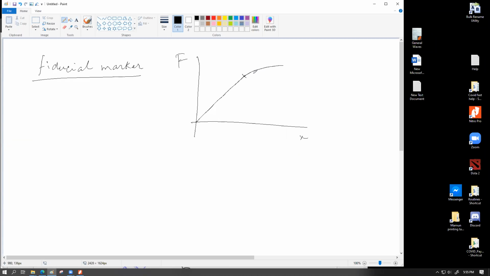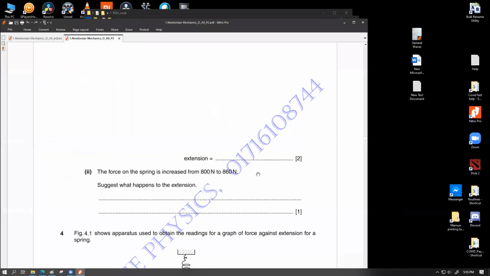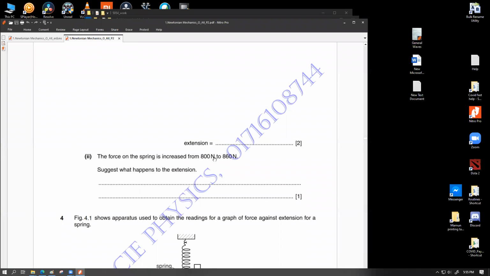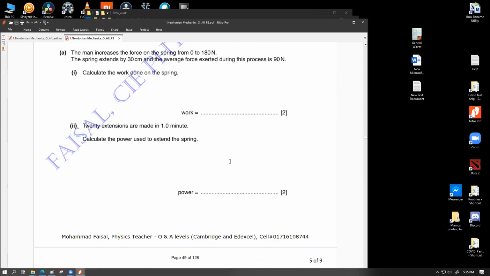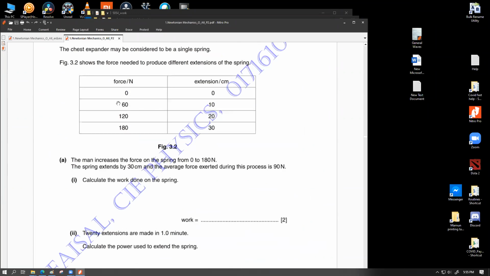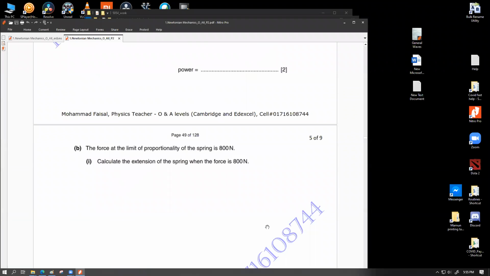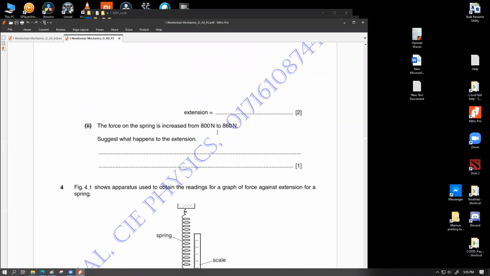So whenever we increase the force on the spring from 800 Newton to 860 Newton, what do we have here? For an exclusive 60 Newton force, the extension within the limit of proportionality was 10 centimeter. Because this region is in the plastic region, or the permanent deformation region, beyond the limit of proportionality, we should have a bit more extension than 10 centimeter.